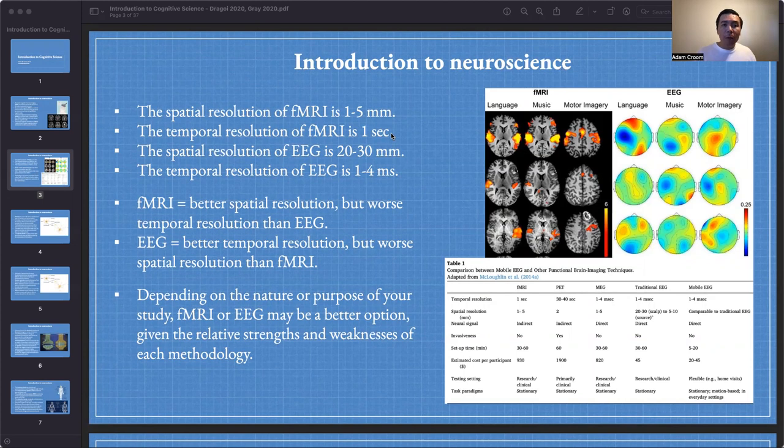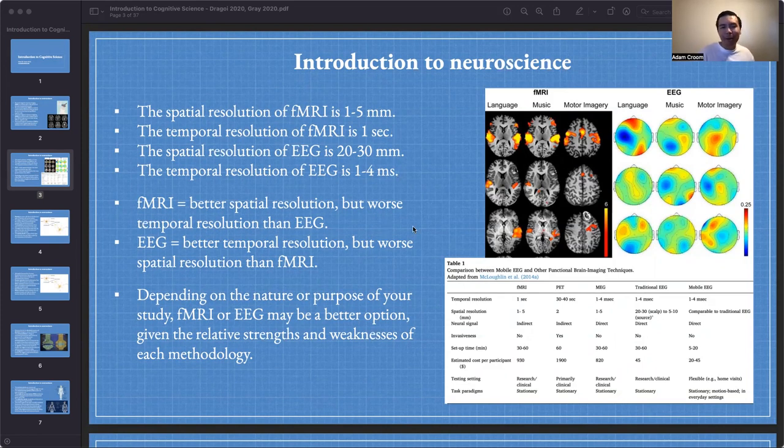Okay. However, look at the temporal resolution. The temporal resolution of fMRI is 1 second, whereas the temporal resolution of EEG is 1 to 4 milliseconds. So in terms of temporal resolution, EEG is superior to fMRI.